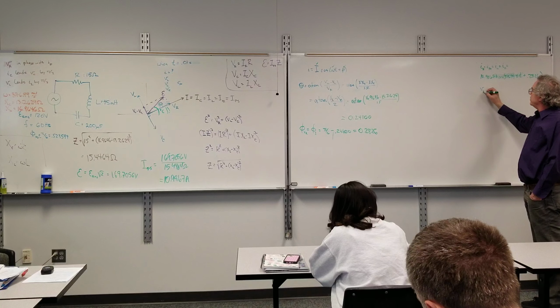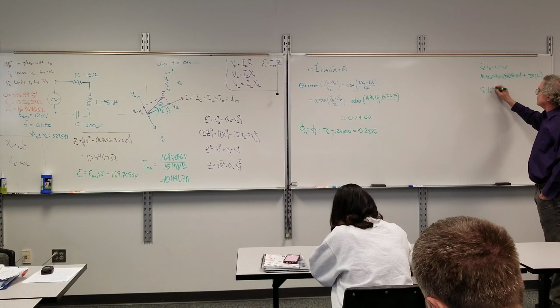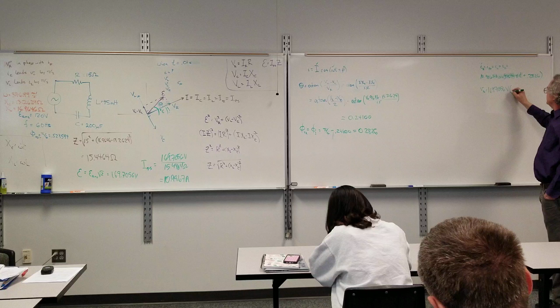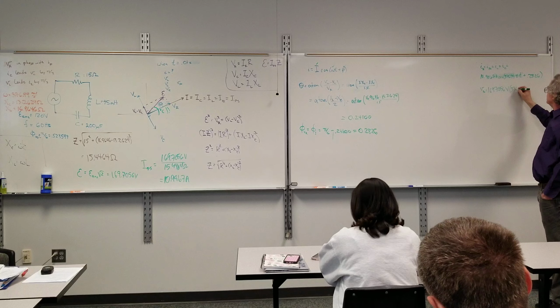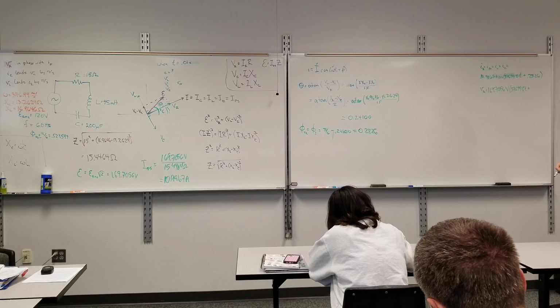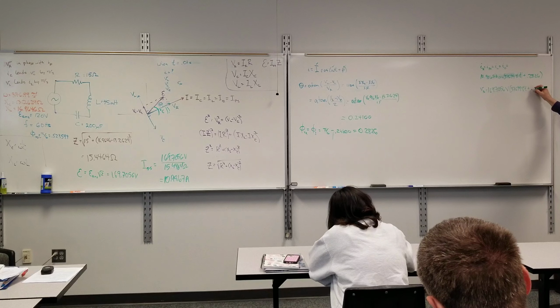The voltage for the power supply, I know my amplitude now, that is 169.7056 volts times the cosine of 376.99 radians per second time, plus my phase shift, which I established to be pi over 6.